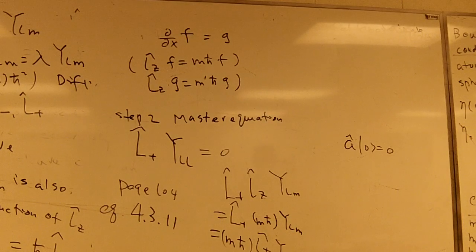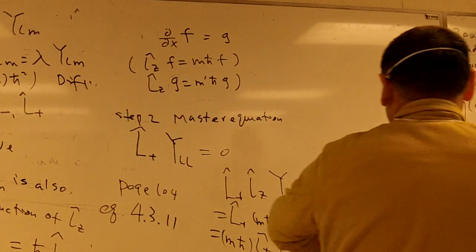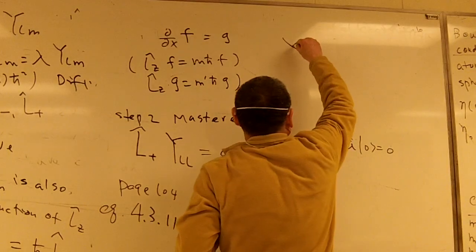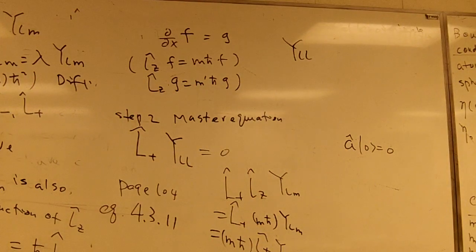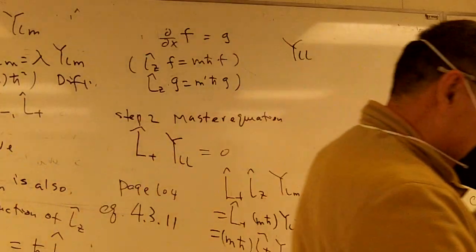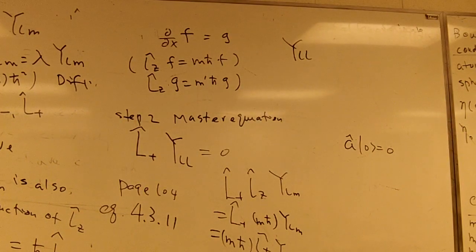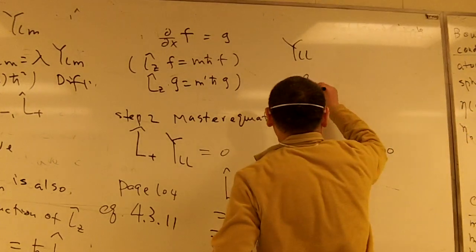Did you see it? So eventually we found Y_ll. What is Y_ll? This is a really great achievement. This part just shows you the theta function part. Could you guys write this down?